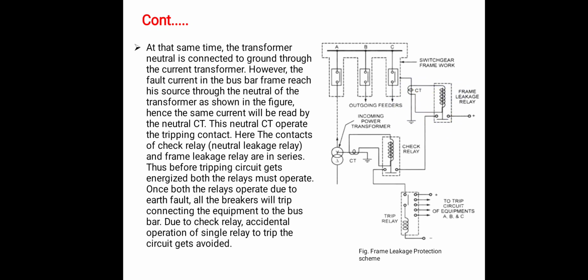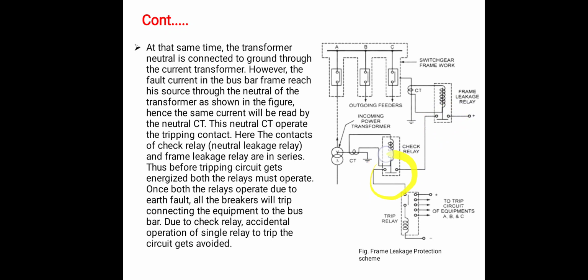Now it is obvious that the multi-contact relay is energized only when both the leakage and check relay contacts are closed. That is, there is an earth fault within the protected zone. When the earth fault occurs in the protected zone, the contacts of the frame leakage relay and check relay are closed.